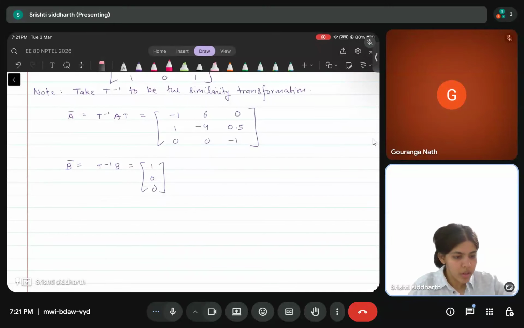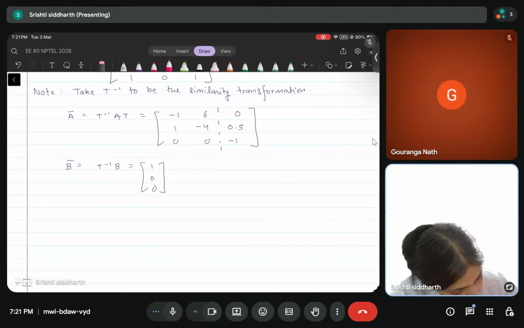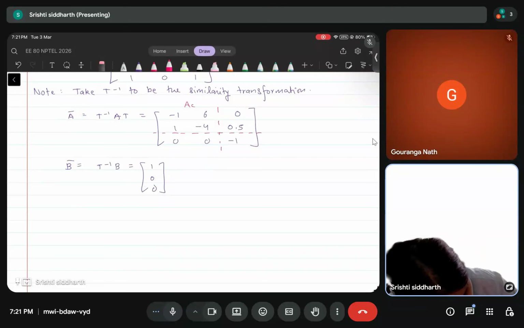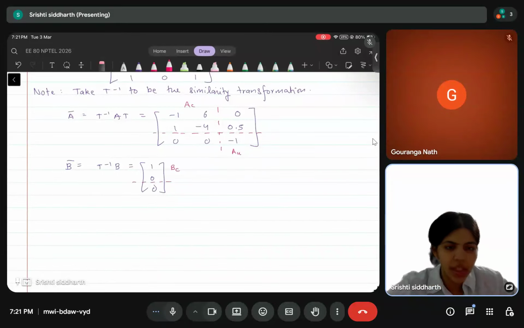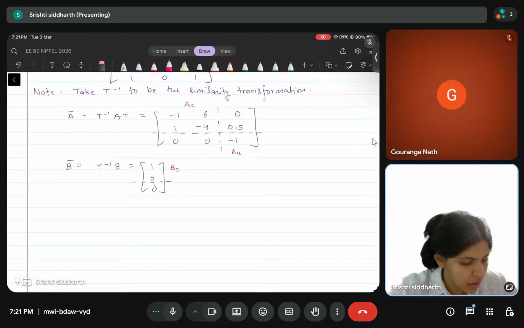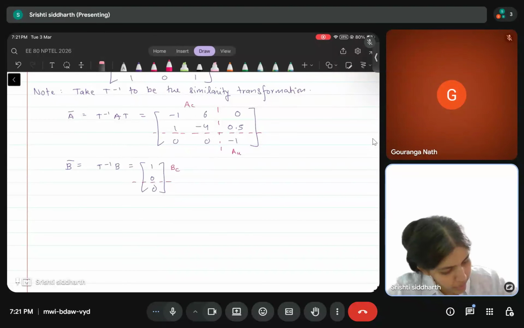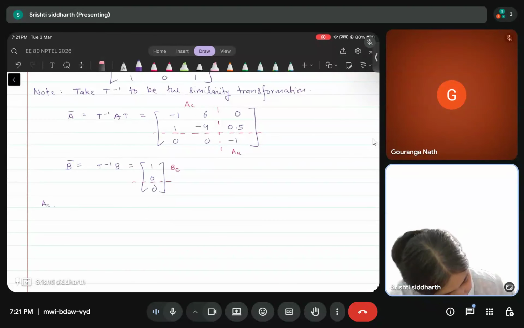Okay, so let's see. The controllable subspace is of dimension 2. We have AC and the uncontrollable state. Then this is BC, so BC has to be 1 0. We got that. The pair AC, BC is controllable.